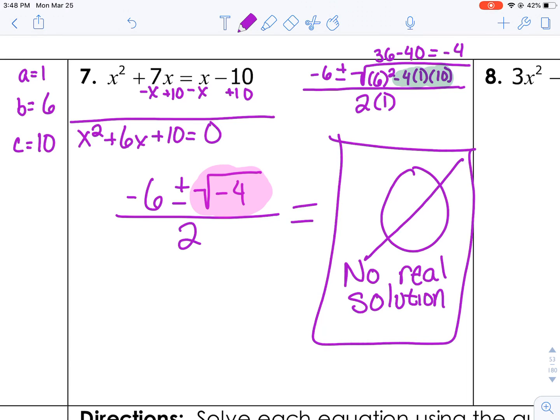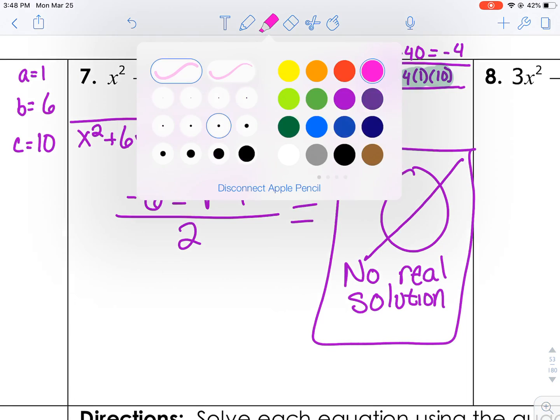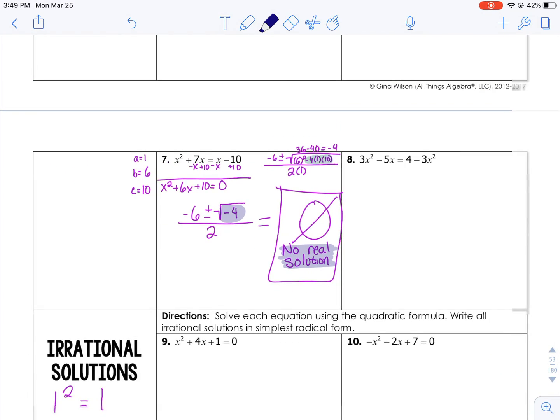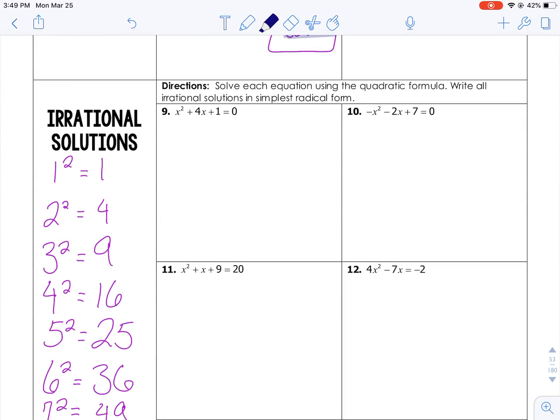If I do the math correctly and I somehow end up with a negative number underneath the square root, it is forever and always going to give me no real solution. I'll give you a heads up that that is the only problem on this whole paper that is like that. Let's go ahead and pause the video real quick, work through number 8, and then we're going to come back and talk about numbers 9 and 10.